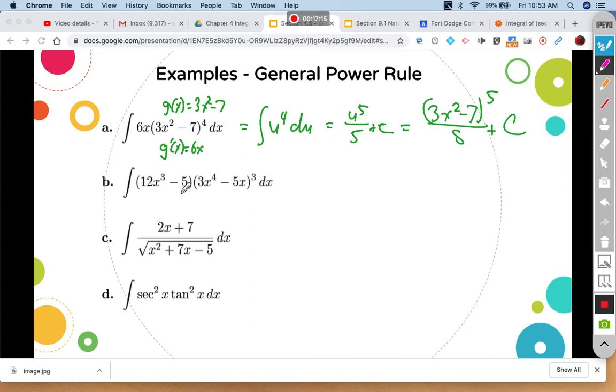On here I have two parentheses, but here's my power, so I'm going to make this my g of x. So my derivative of that is going to be 4 times 3 is 12x cubed minus 5, which is right here. So here's my f of g of x, and here's my g prime of x. So I'm looking at the integral of u to the 3rd du is going to be u to the 4th over 4 plus c.